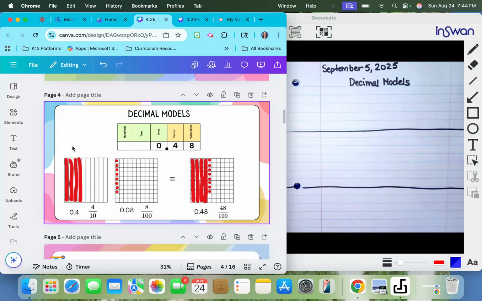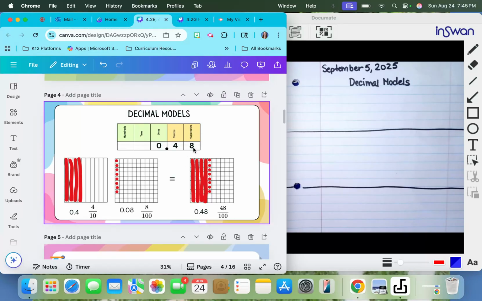So here we have a decimal model that is broken up into 10. 1, 2, 3, 4, 5, 6, 7, 8, 9 tenths. And then we have our hundredths model. We can see that it has 100 little squares. So because our number has 4 tenths, I have colored in 4 of the tenths and represented it as 4 tenths and then as a fraction 4 tenths.